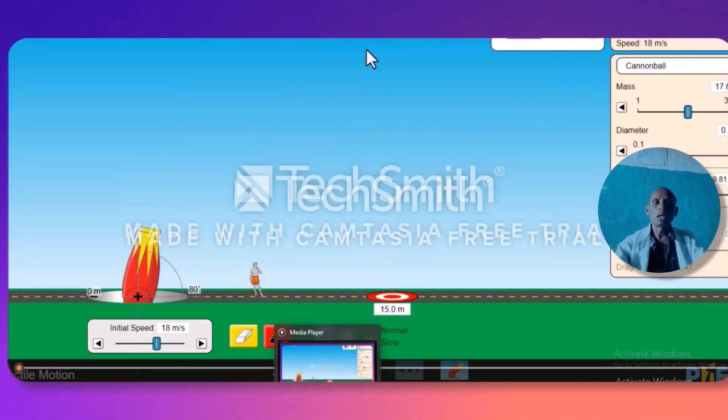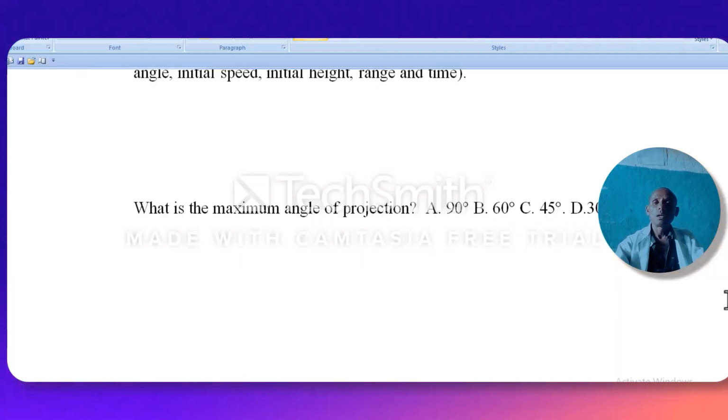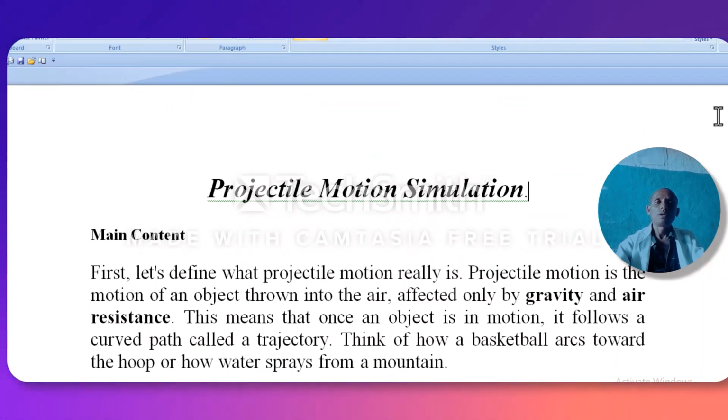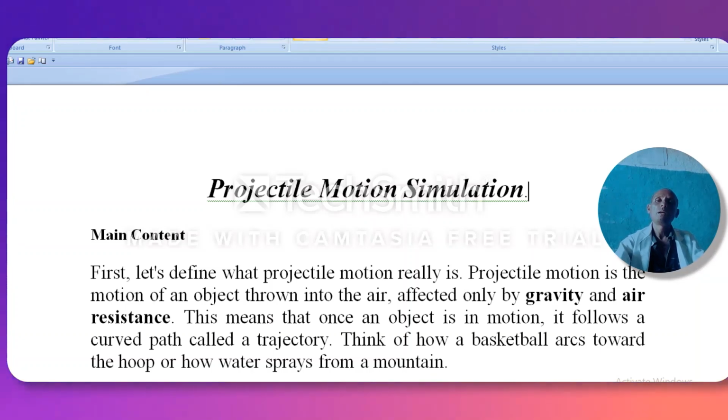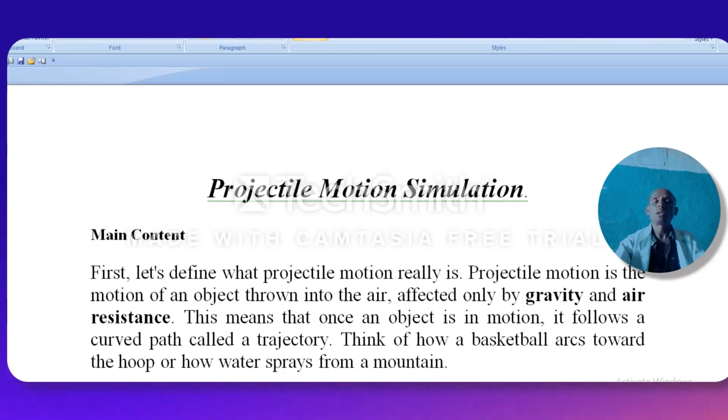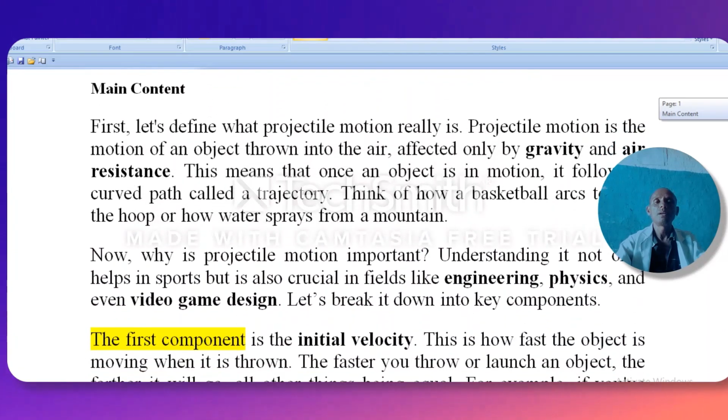In general, today we discussed the simulation of projectile motion. Projectile motion is the motion of an object in the air, moving in two dimensions, the x and y axes. There are different impacts on the motion of the object.